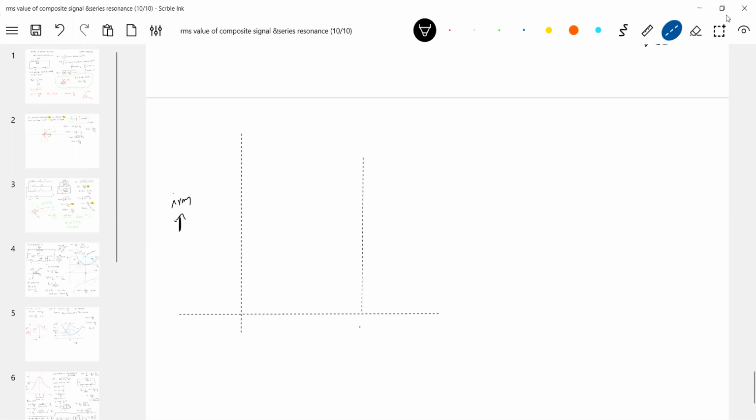The current will be minimum at resonance. The current will be minimum and the impedance will be maximum.